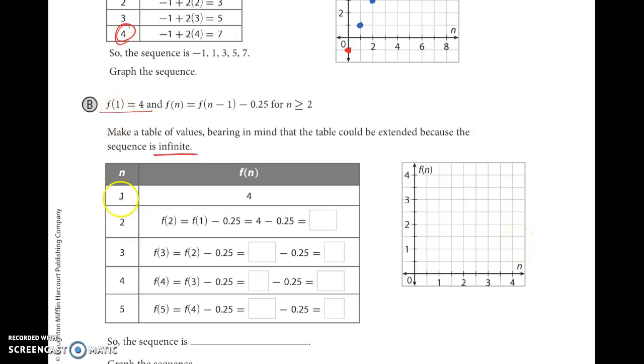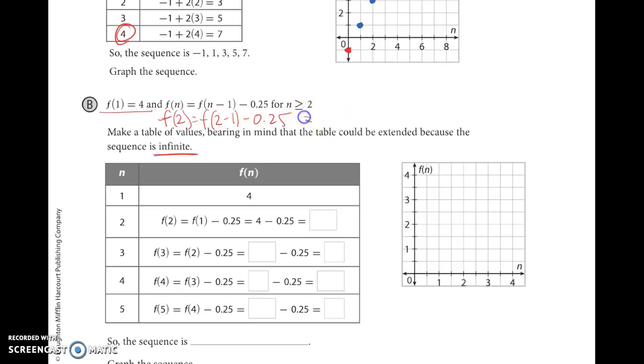We know that the first term is 4, and plugging in, f of 2 equals f of 2 minus 1 minus 0.25. That's saying f of 2 minus 1. Well, isn't that f of 1?